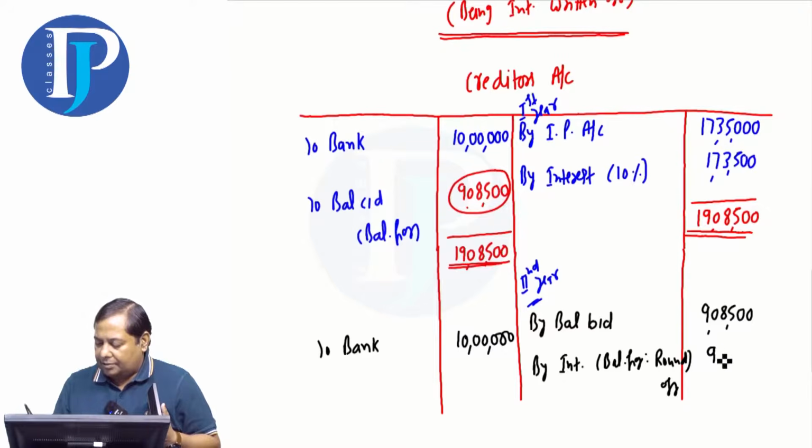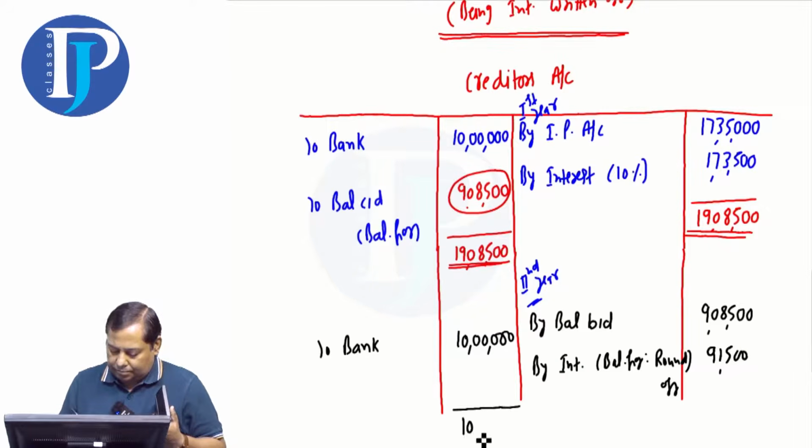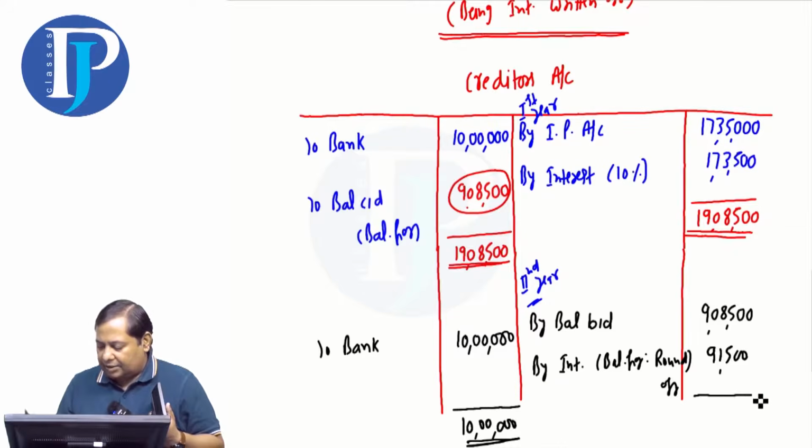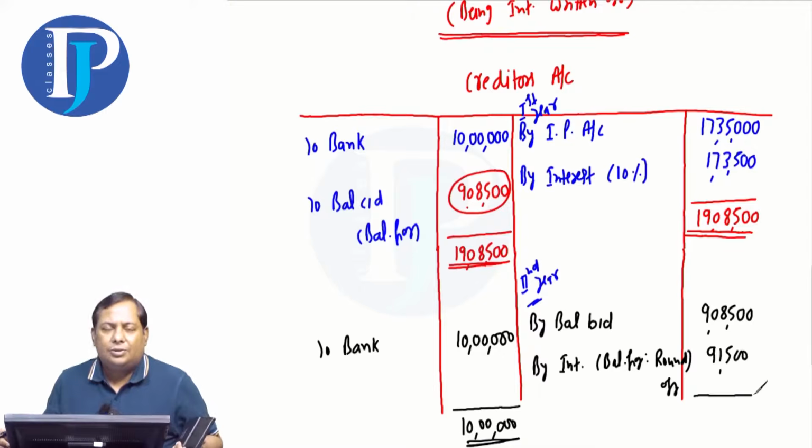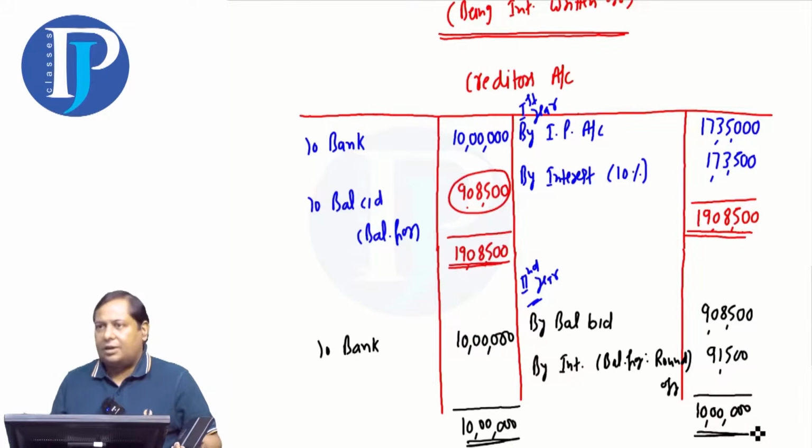This is round off. We cannot reduce the payment. The payment has to be made of 10 lakh rupees, not any less than that. We increase the interest rate. Then we increase interest. This is the concept. I don't think there should be any problem.